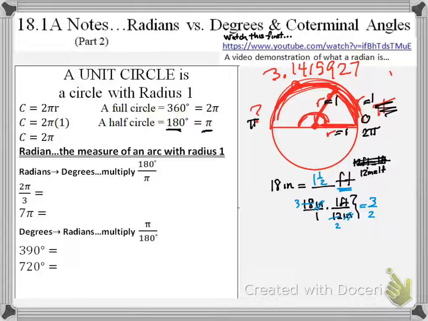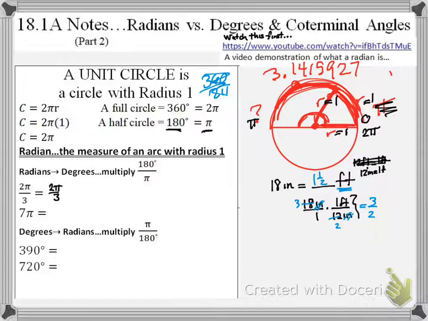I could have done 360 over 2 pi because that is equal to 1. But why use a fraction like that when I can use a reduced fraction? I'm going to say if I have 2 pi over 3, and that's a radian measure.